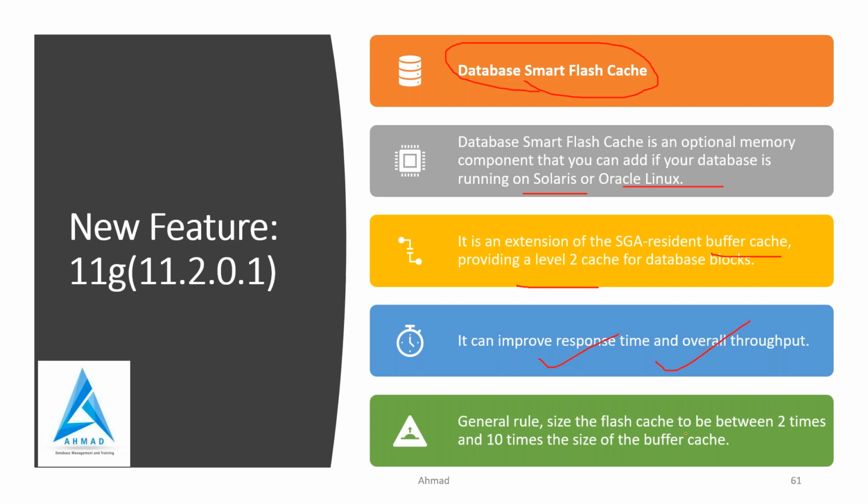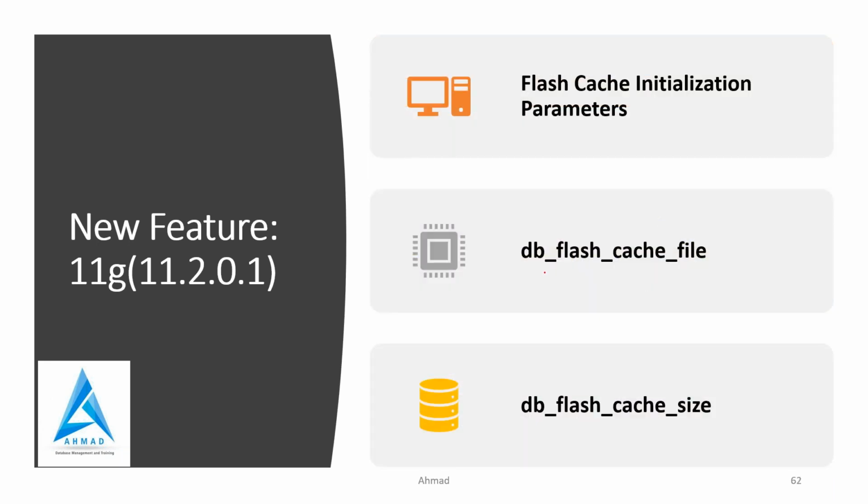And the general rule is that flash cache size is 2 times your buffer cache up to 10 times your buffer cache. So for that you need to set the location of the file and the parameter for this Smart Flash Cache. So from 11g you can say that we have 9 types of buffer cache.